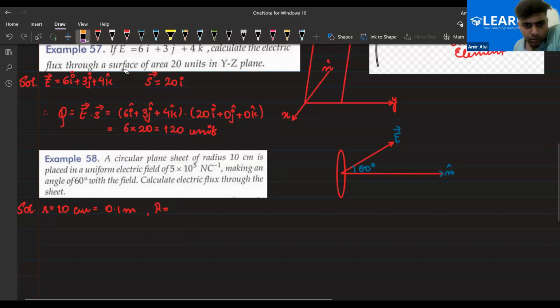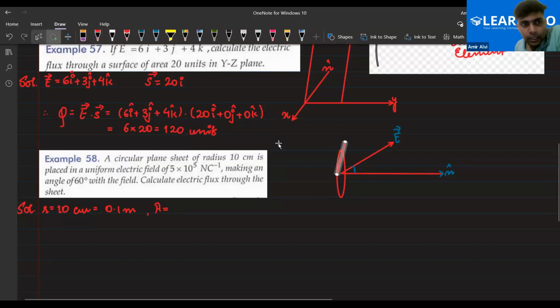No, this is not right. I just made a mistake. This is not 60. The question is saying that the circular plane sheet is making a 60-degree angle with the field. So this plane sheet is making the angle.